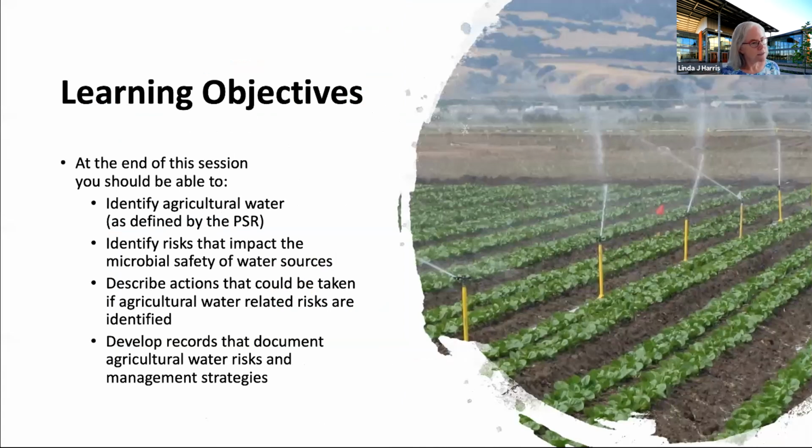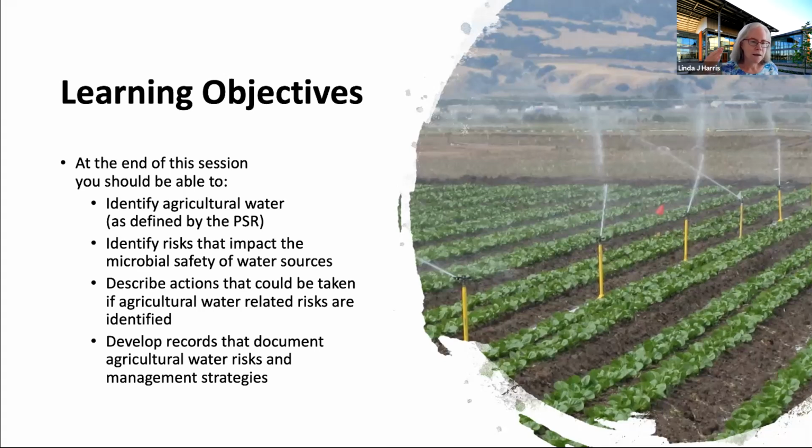So our learning objectives today: we are hopeful that you will be able to confidently identify agricultural water, and I'm going to spend just a couple of slides making sure we're all focused on the thing that we're talking about today, as defined by the produce safety rule.